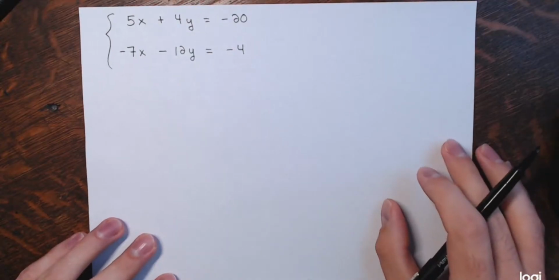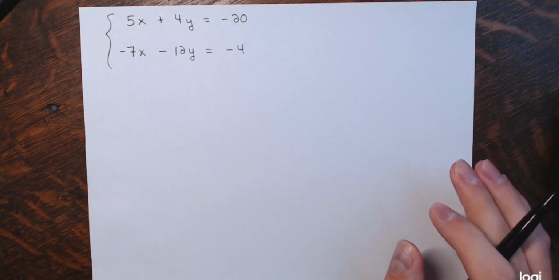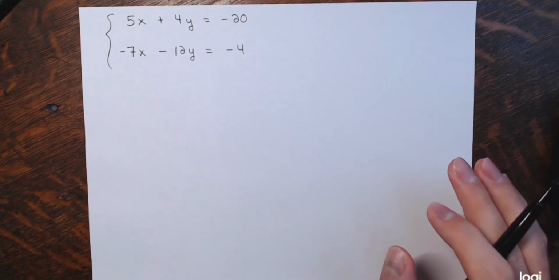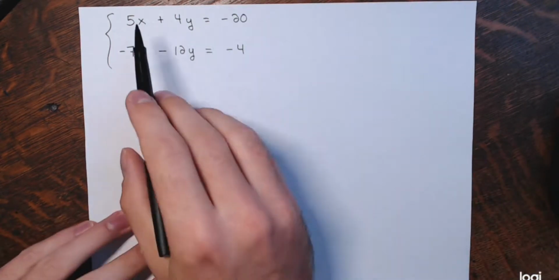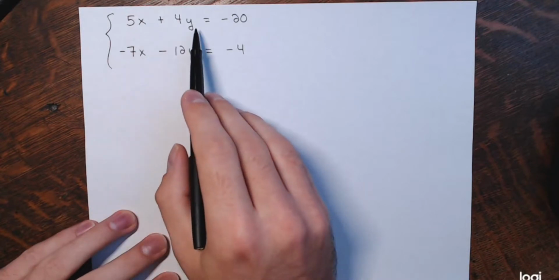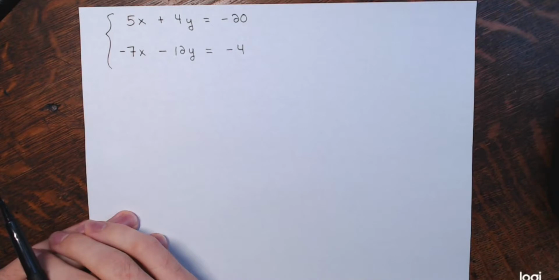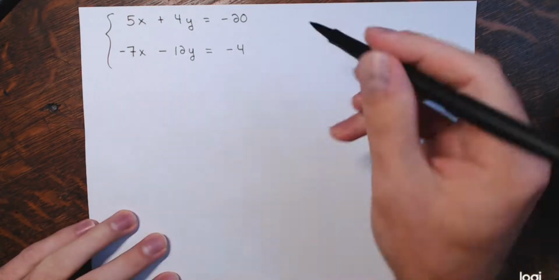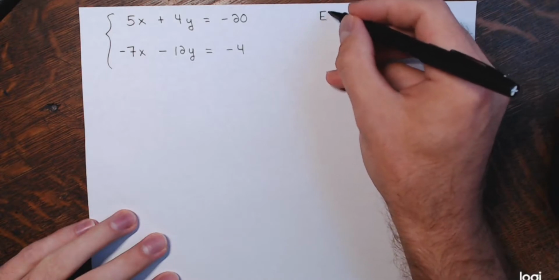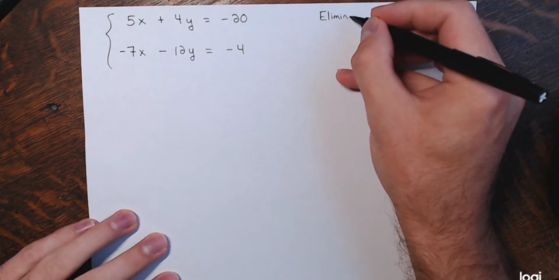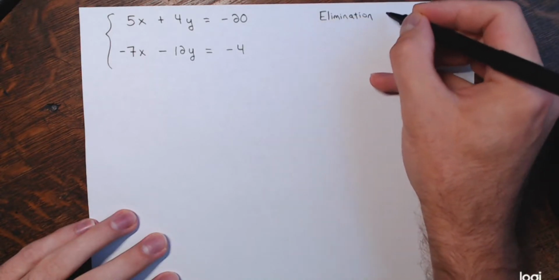Alright, so here's the system we're getting. And we're asked to find a value of x and a value of y that satisfy both equations, not just one of them. Alright, now this elimination method, I'll write out the steps I'm following out here. Elimination method.